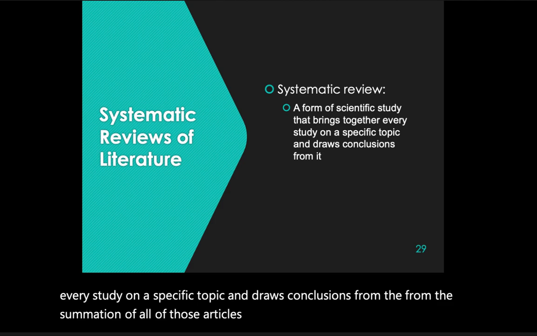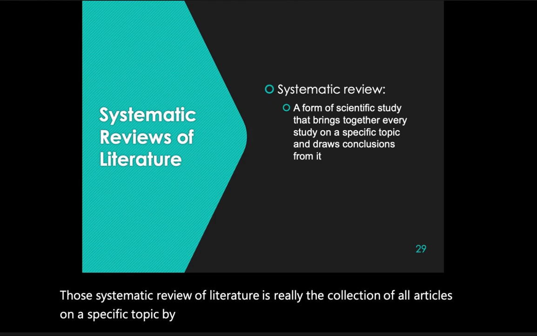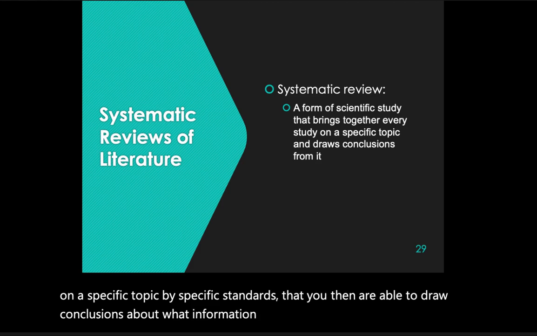So a systematic review of literature is really the collection of all articles on a specific topic by specific standards that you then are able to draw conclusions about what information is out there on a specific topic.